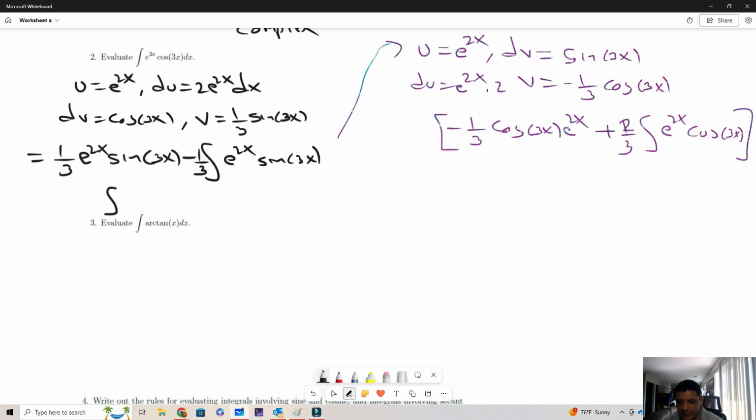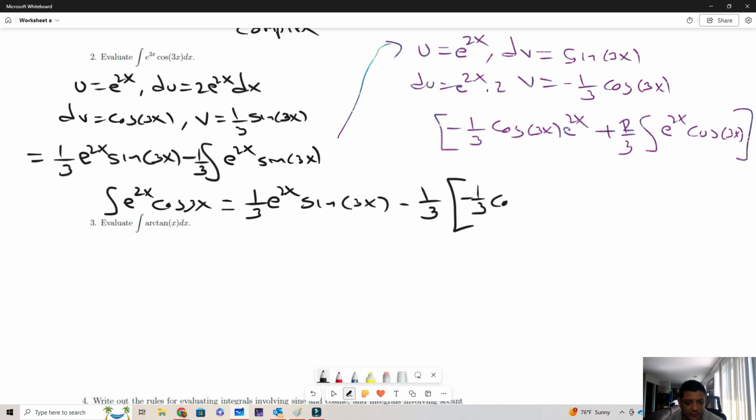We have that the integral of e to the 2x cosine of 3x is equal to 1/3 e to the 2x sine of 3x, and then minus 1/3 cosine of 3x e to the 2x, and then plus 2/3 times the integral of e to the 2x cosine of 3x.